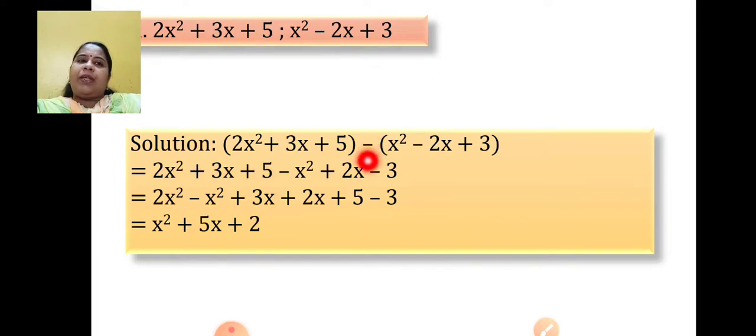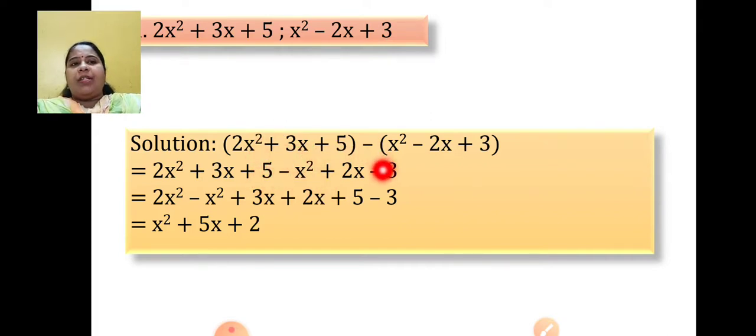Now when I open the bracket, minus into x square is minus x square, minus into minus is plus 2x, minus into plus is again minus, so minus 3. Okay, then collect the like terms. 2x square minus x square, they should be written together. Plus 3x plus 2x, they are written together.